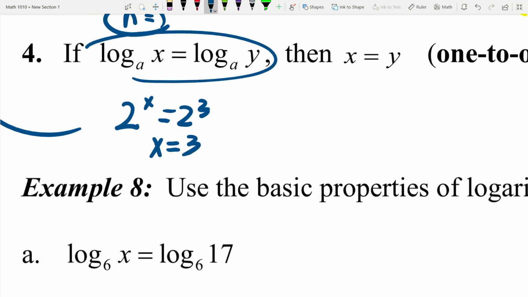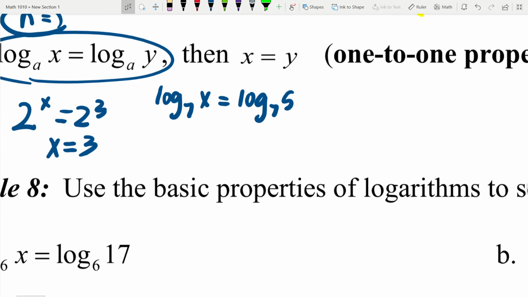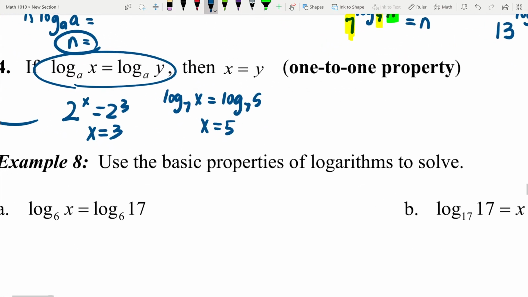So this is the same idea. Write this down. If you have log base 7 of x equal to log base 7 of 5, they match up perfectly. So then x must be, what is it, you guys? X has to be 5. The log 7s match up, so therefore the x and the 5 must match up. Okay, that's another rule.